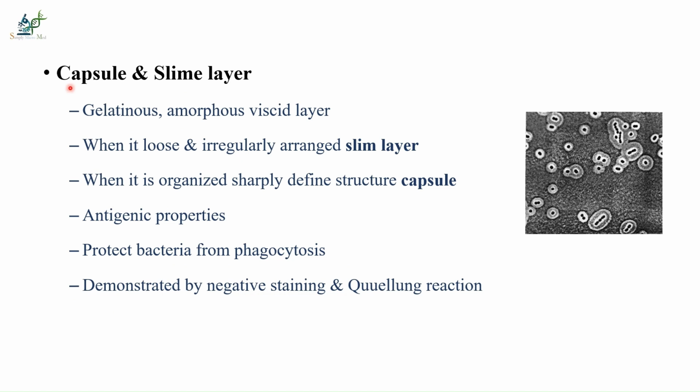Capsule and slime layer. The capsule or slime layer is a gelatinous, amorphous, viscid layer seen as the outermost layer of capsulated organisms. That means the slime layer and capsule are only seen in capsulated organisms, not in all organisms. When it is loose and irregularly arranged, we call it a slime layer.